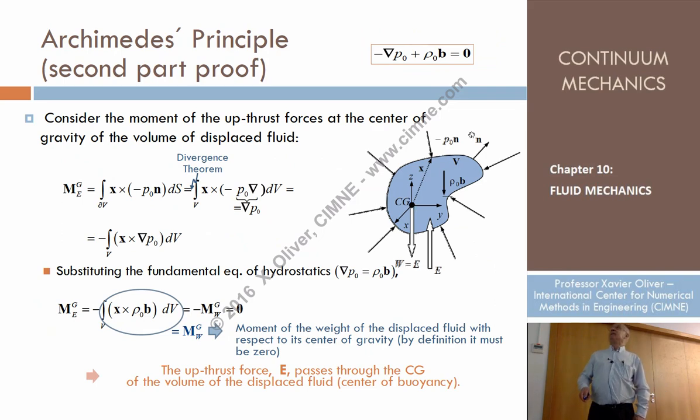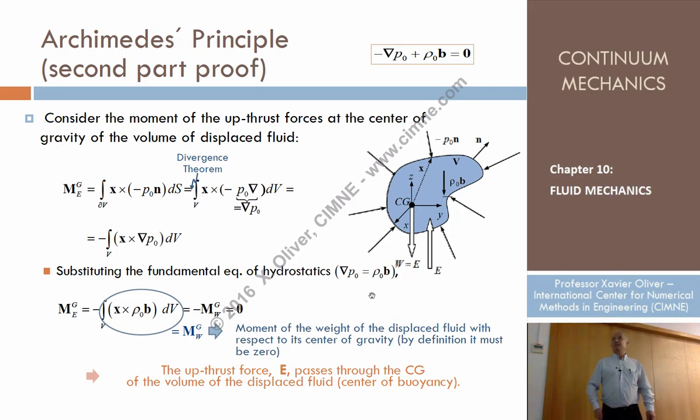What does it mean? That this resulting force, this upthrust force, passes through the buoyancy point. That's the second part of the Archimedes theory.